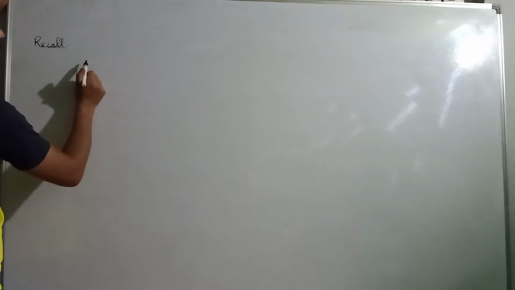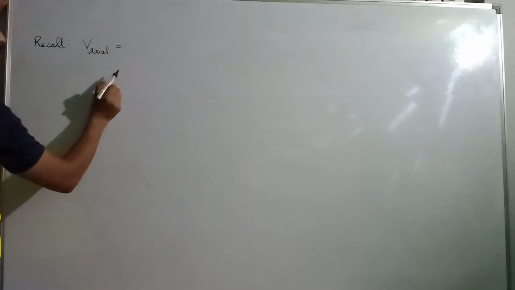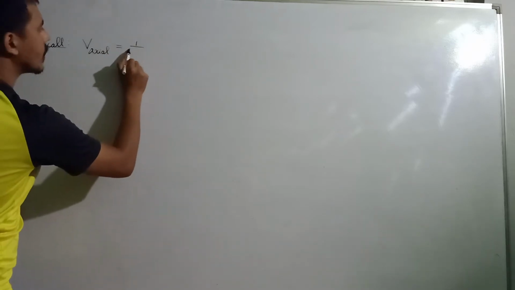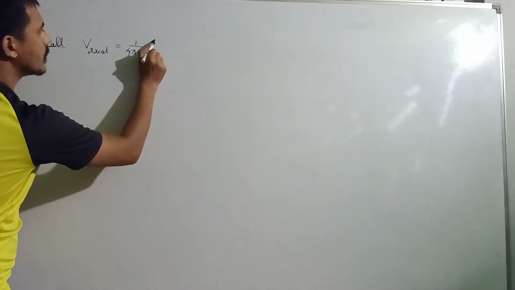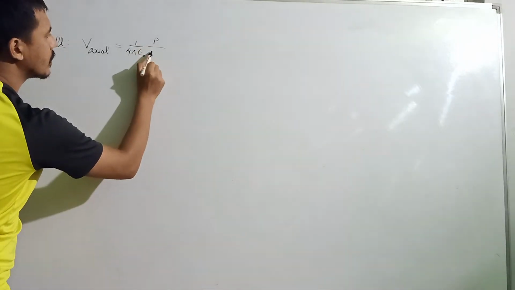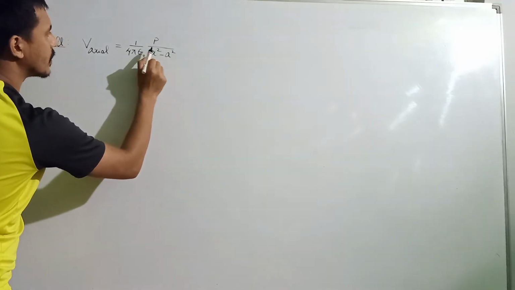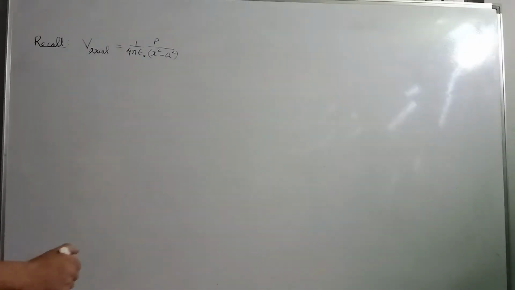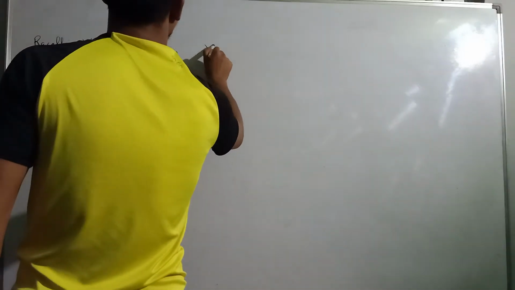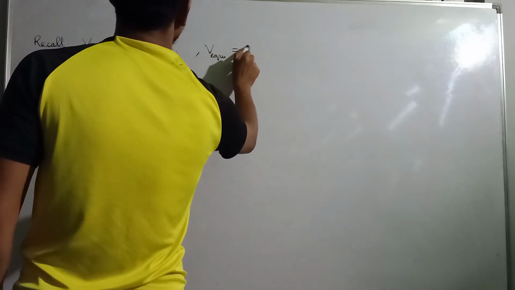Electric potential on the axial line of the dipole is given by 1 by 4 pi epsilon naught into P upon x square minus a square, no? And then the electric potential on the equatorial line of the dipole is equal to 0.